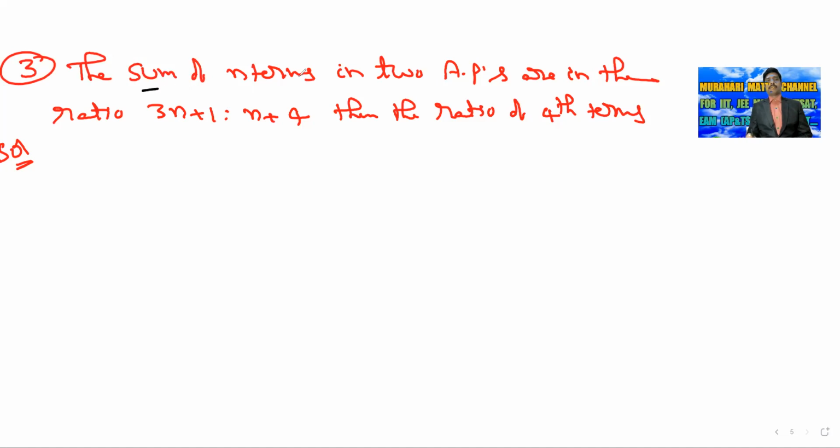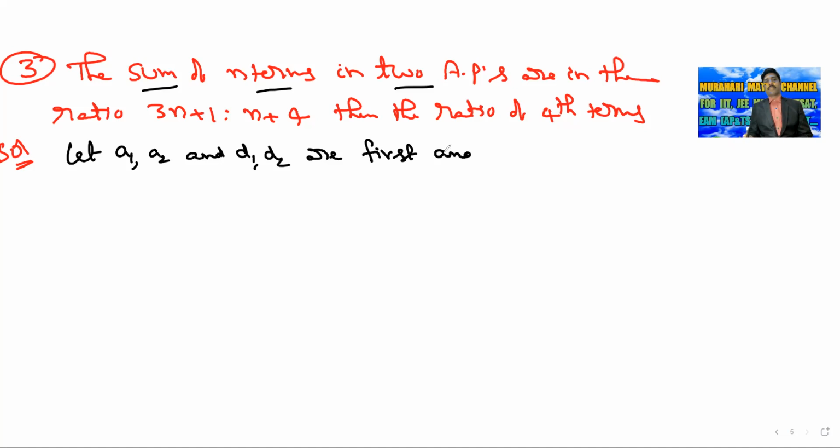So what is given? The sum of n terms in two APs. Let us take a1, a2 and d1, d2 as the first terms and common differences of the two APs, two arithmetic progressions. The sum of n terms of the two APs are in the ratio (3n plus 1) is to (n plus 4).